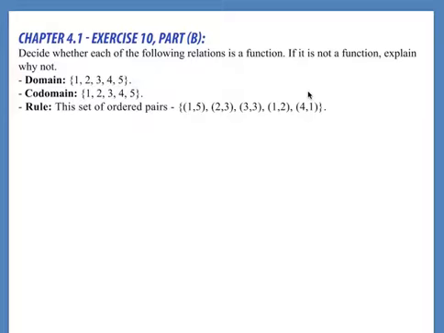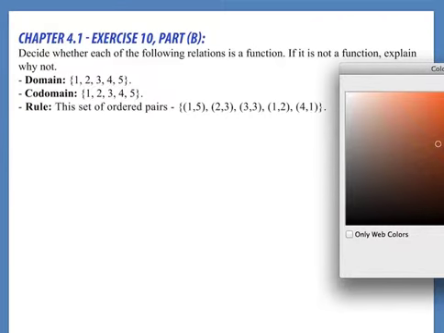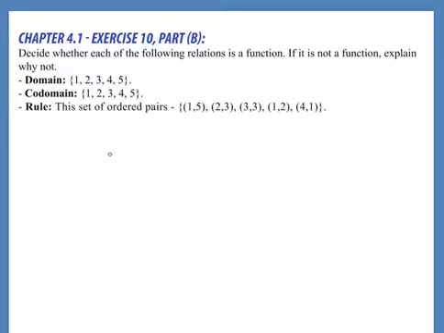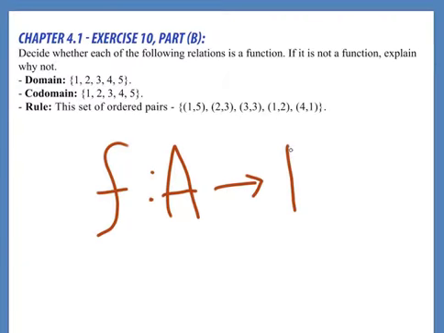Basically, in order to be a function, there needs to be a domain, which is a set of inputs, and the codomain, which is a set of outputs.